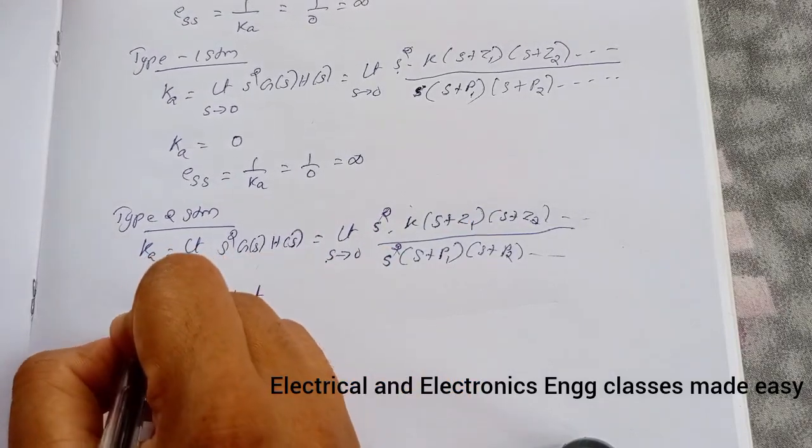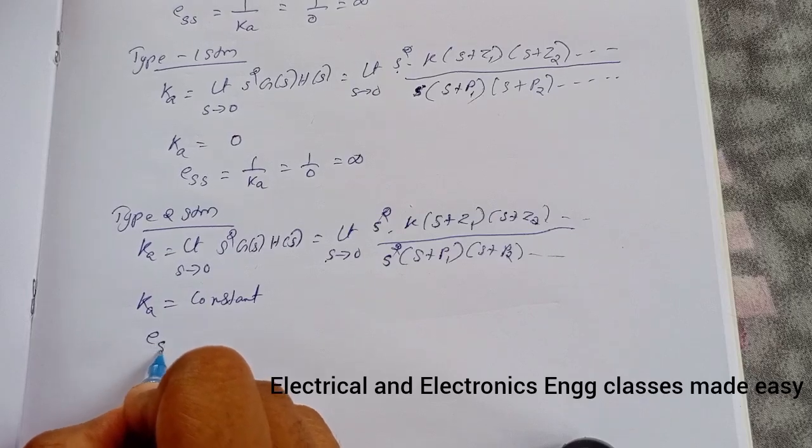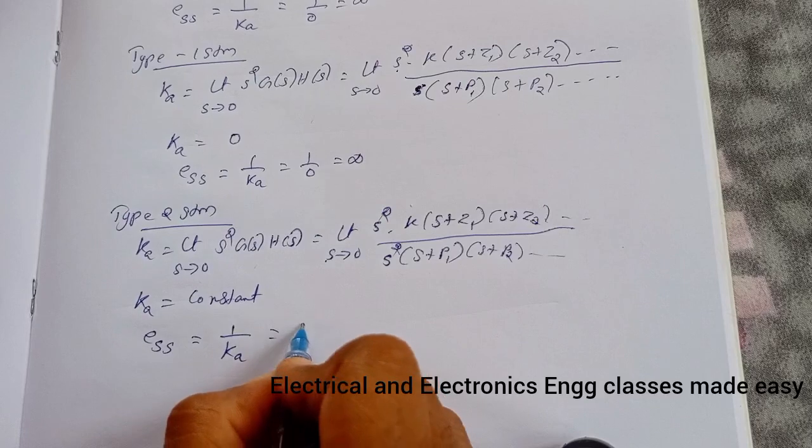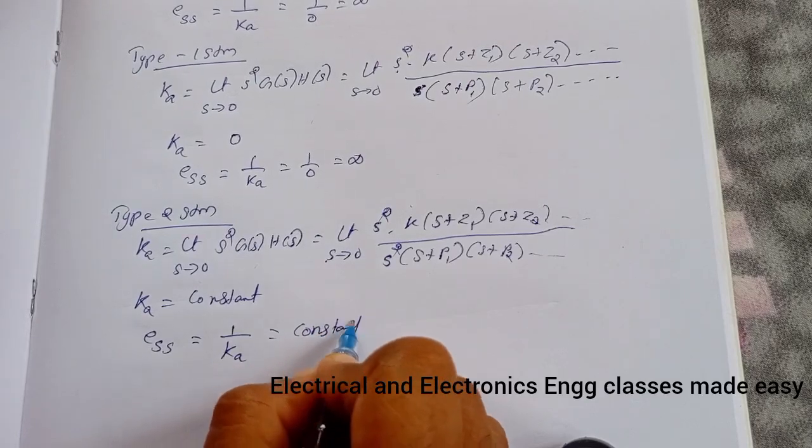So Ka will be equal to a constant, and we get the steady state error ESS equal to 1 divided by Ka, and that is equal to a constant value.